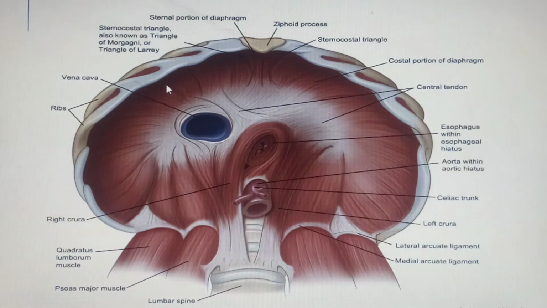The lower 6 ribs will give origin to the diaphragm, and even the lumbar area, by way of these arcuate ligaments. This is the medial arcuate ligament. This is the lateral arcuate ligament. But eventually, they all converge in here to insert on this white area that you find here. This is the central tendon of the diaphragm.